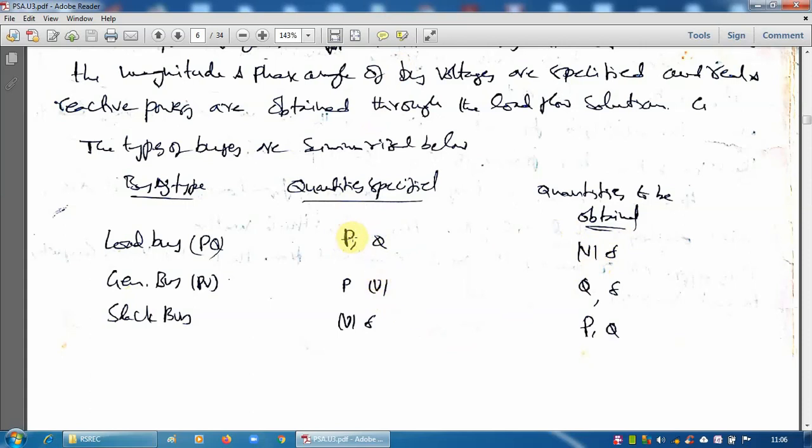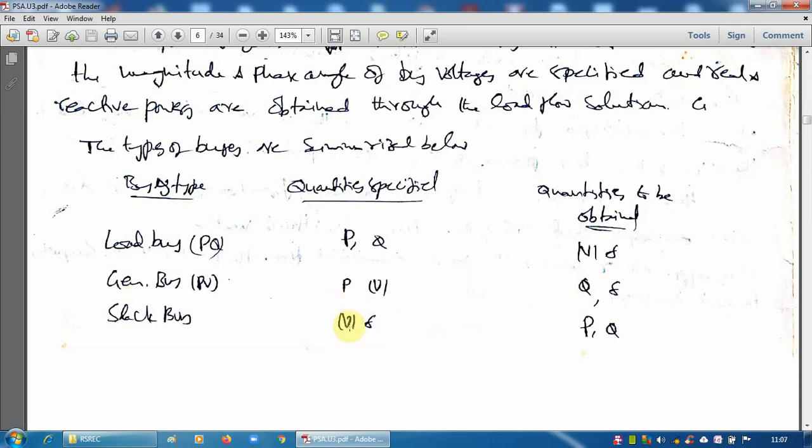I said that at all buses except one bus, P is given. At only one bus, called slack bus, P is not given. Here only V is given. Next, at the other buses, at some buses Q is given, at some buses V is given. If Q is given, that bus is called load bus. If voltage magnitude V is given, that bus is called generator bus.